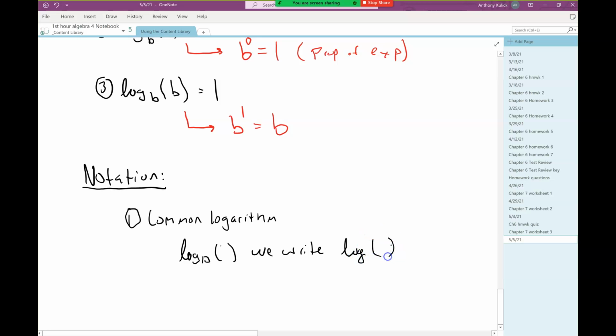We're going to write just log with no subscript at all. So when there's no subscript on your logarithm, we understand the base to be 10. It's not 1, it's not 2, it's 10. Everybody okay with that? Really critically important, because you're going to see that pop up rather frequently in homeworks and things. So you've got to make sure that you know that when there's no subscript, that means that the base of the logarithm is 10. Okay?